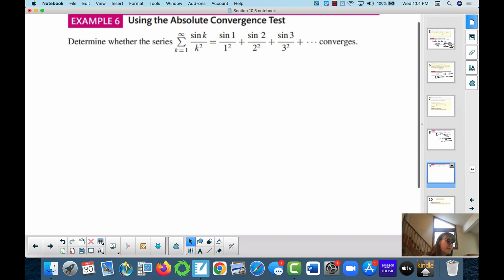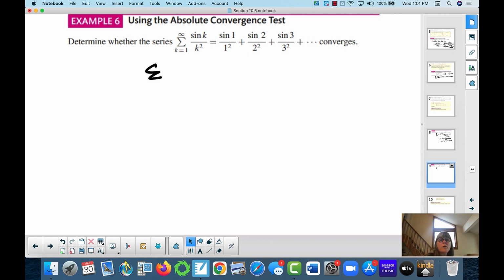Okay, on this one, we have to do a little bit more finagling here. So again, we've got a series where they're all positive, but it's something I don't know how to determine if it converges. It doesn't match any of the series that I know, and so I'm going to have to do a little bit more with this.